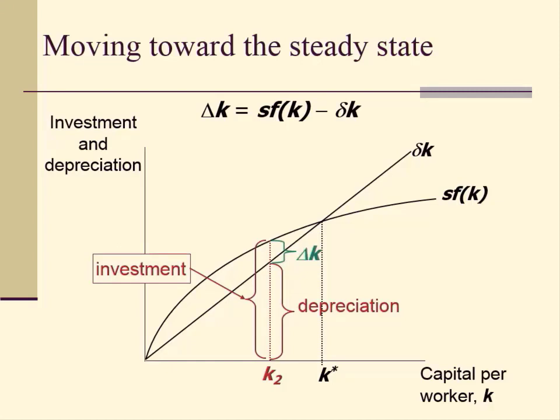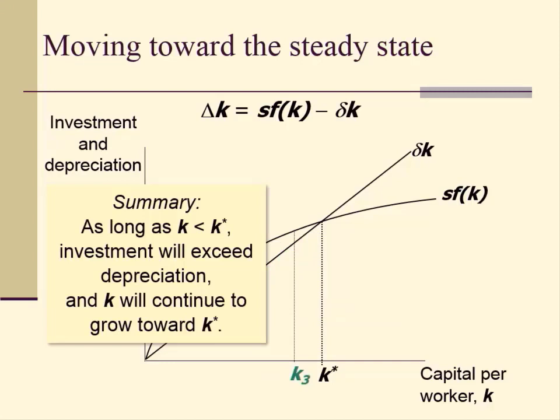So this increase in K continues. That is, capital stock per worker continues to grow as long as investment per worker is larger than depreciation per worker, until it moves toward K star and reaches K star. So in summary, as long as capital stock per worker is less than K star, investment will exceed depreciation and K, that is capital stock per worker, will continue to grow toward the steady state level K star, that is capital stock per worker at steady state.